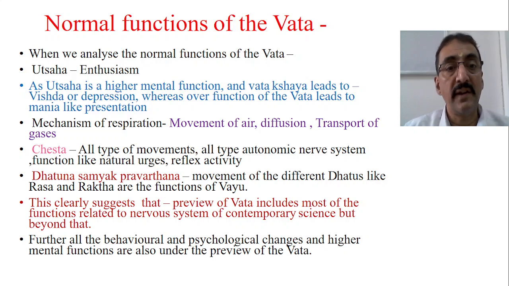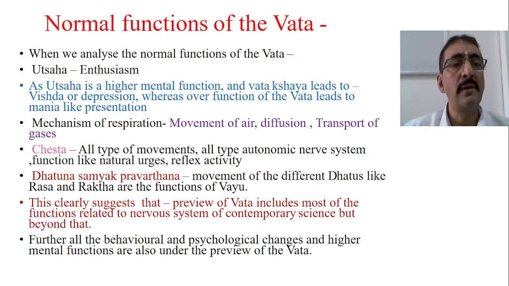Similarly, the mechanism of respiration: movement of the air, diffusion, transport of the gases. This mechanism of respiration is also because of Vata. Another is Shwasa, Nishwasa, then Chesta: all types of body movements, all types of autonomic nervous system movement, natural urges, Vegadharana, relaxing activity.